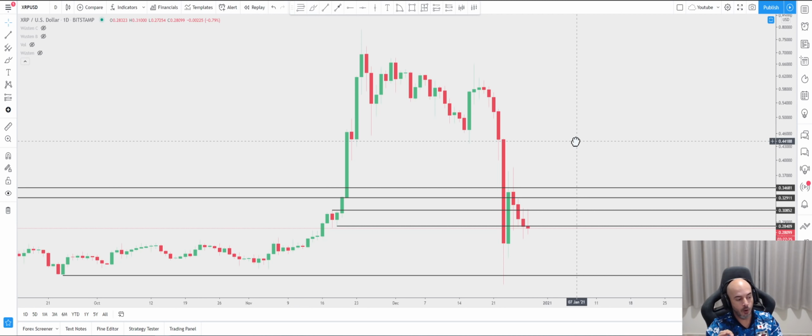So the whole point of this theory is this. It's a theory that leads to a question or multiple questions. But so the thing is, what are the chances that this bull move was made to protect XRP price?